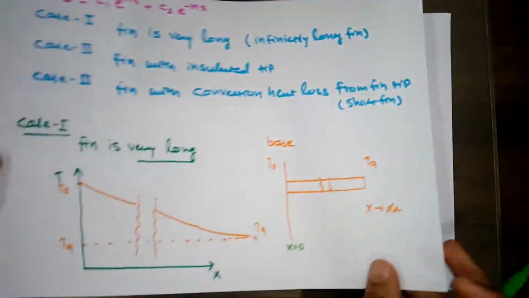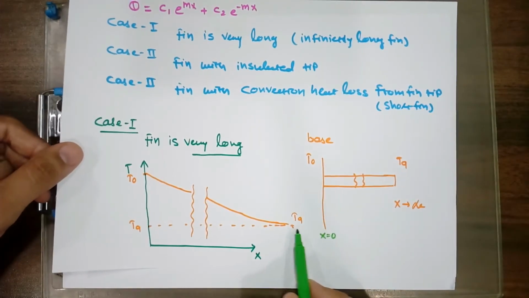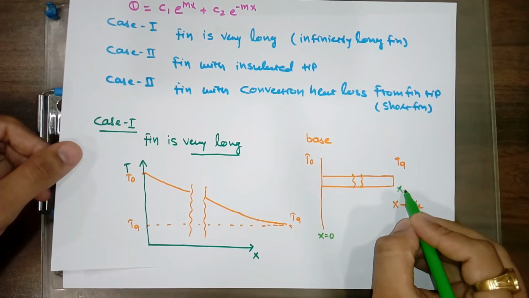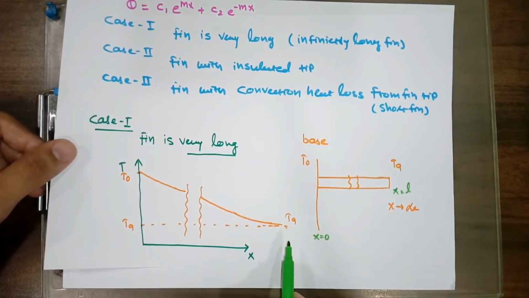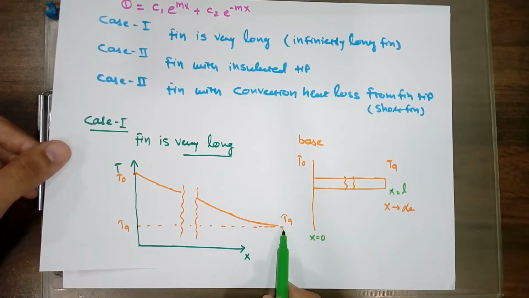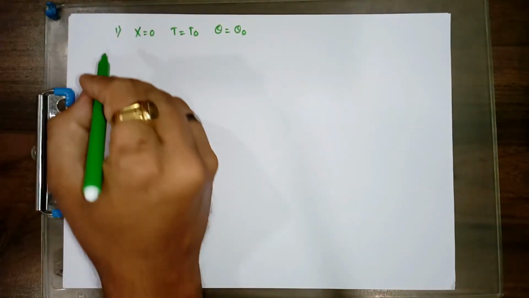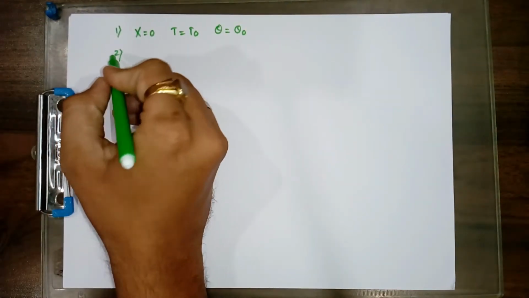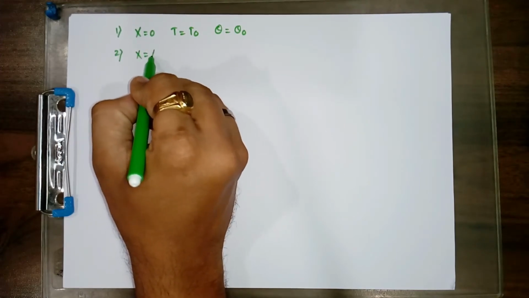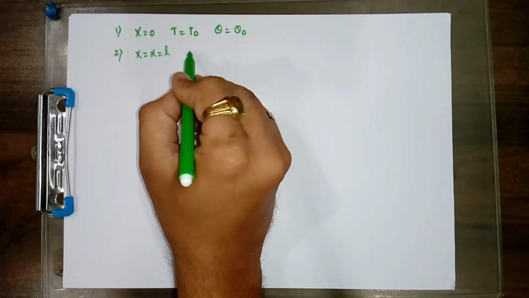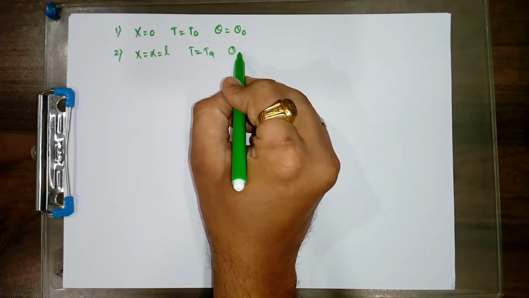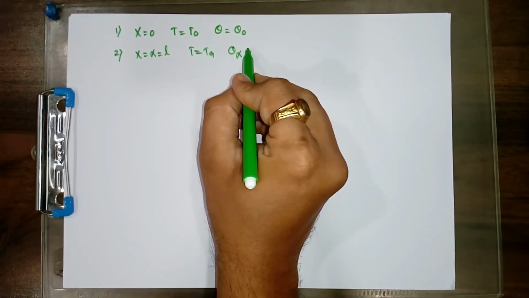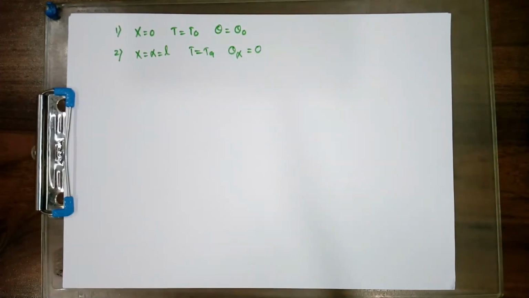The second, at very long, it means when x equals L, the length of the fin, at that time theta becomes 0 or T becomes Ta. We write the second boundary condition: at x equals infinity, equals L, T becomes Ta, and theta at infinity, or L, becomes 0.